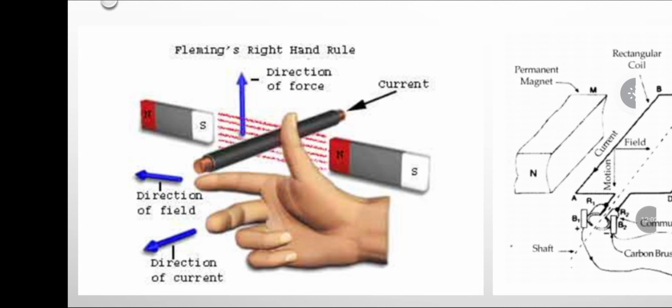There is a normal conductor, and if we apply this right hand thumb rule, the direction of the force is upwards here, the direction of magnetic field is from north to south pole, and the direction of current according to the thumb rule, you can see where it is flowing. So this is the concept we know in a generator.